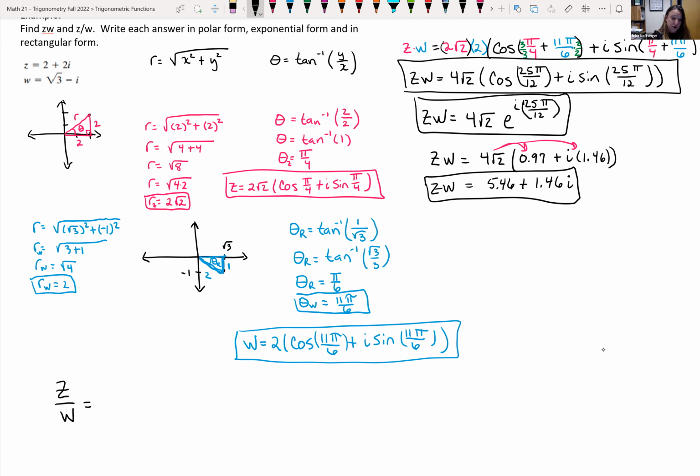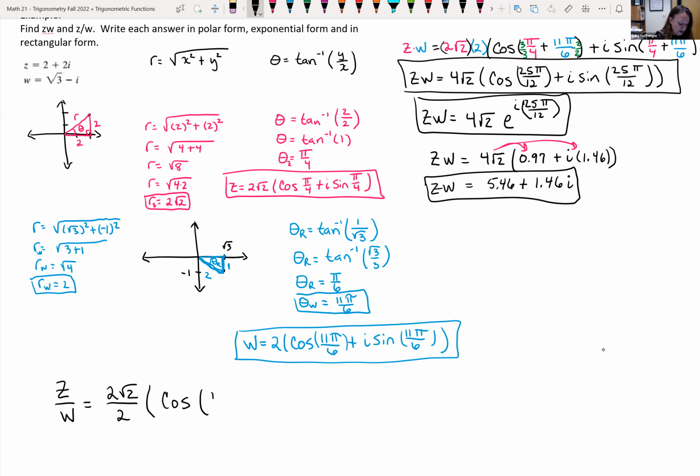And so to look at Z divided by W, this is equal to R sub Z, which we saw was 2 root 2, divided by R sub W, which for our complex number W we found was 2, all times cosine of the difference of our two angles.